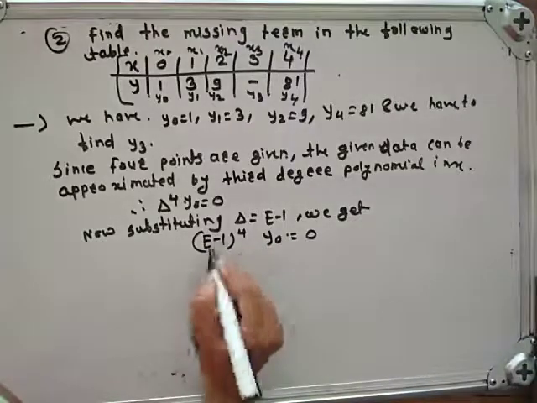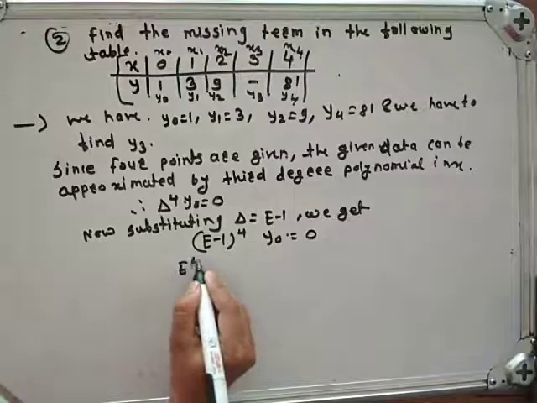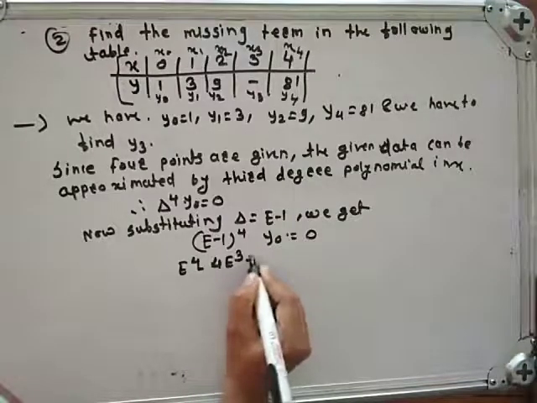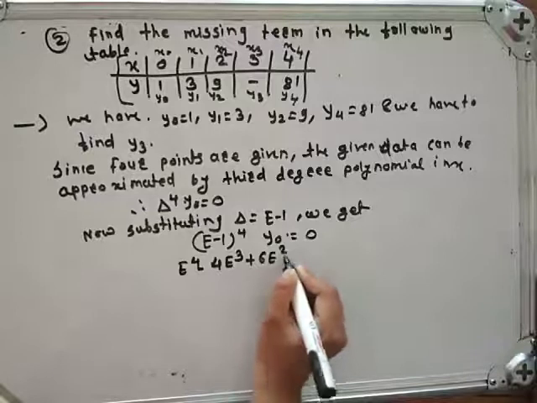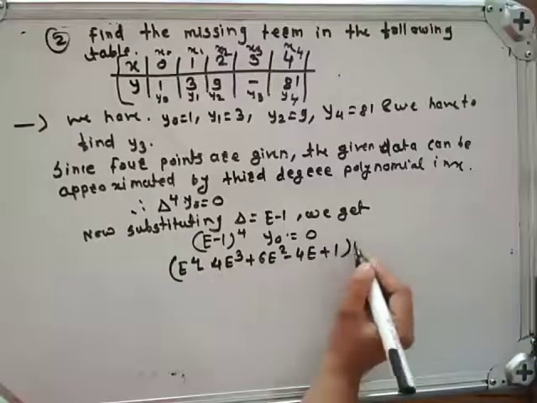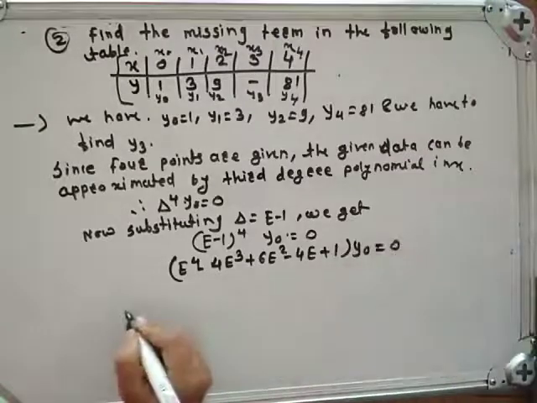Use here binomial expansion. So we will get e raised to 4 minus 4 into e cube plus 6e square minus 4 into e plus 1 of y0, which is equal to 0.